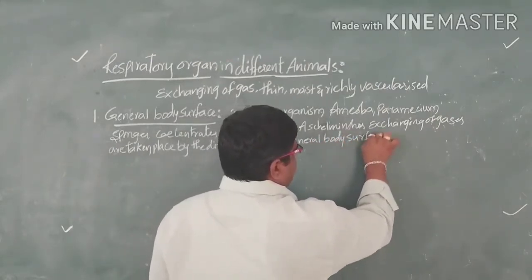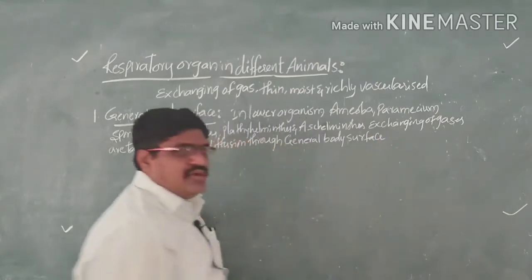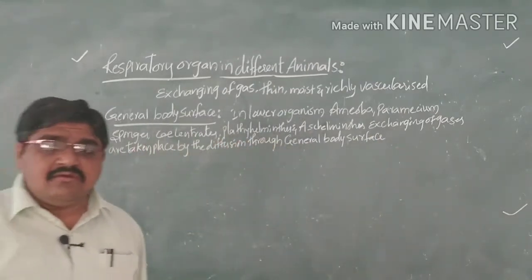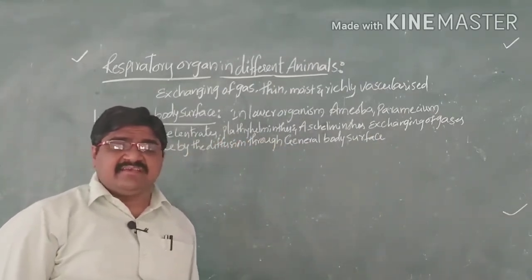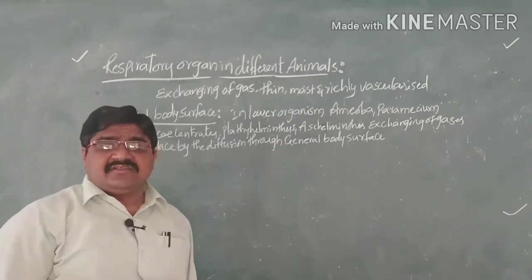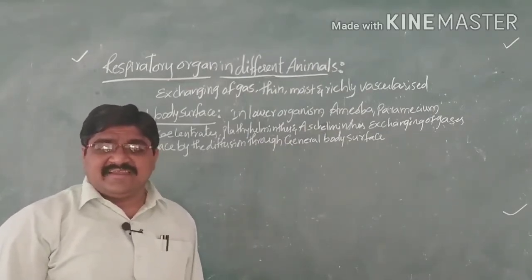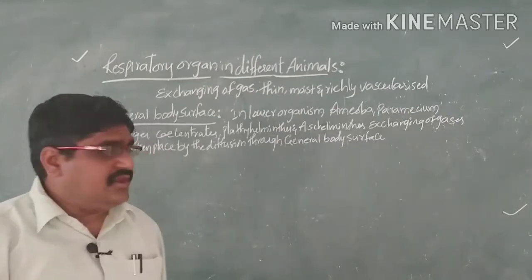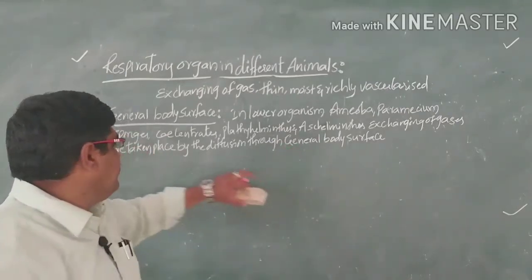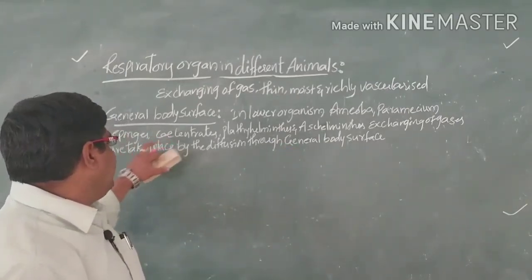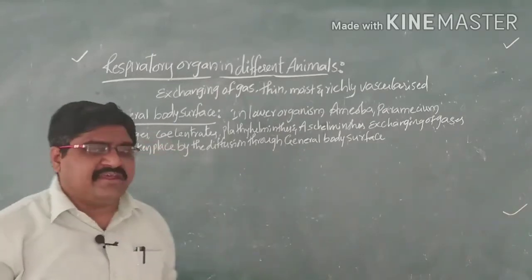So through the general body surface, the exchange of gases takes place in lower organisms like protozoans, sponges, coelenterates, and platyhelminthes.